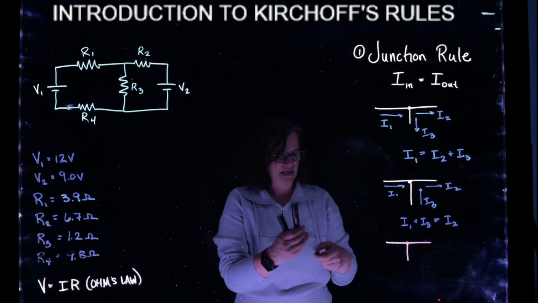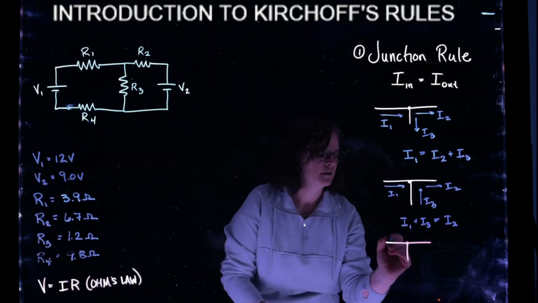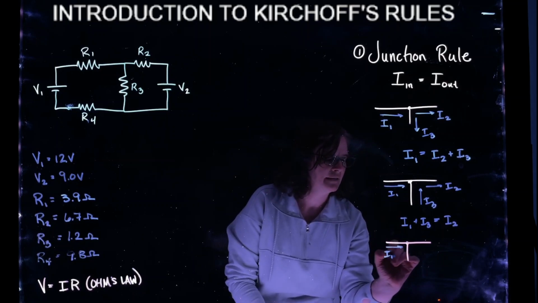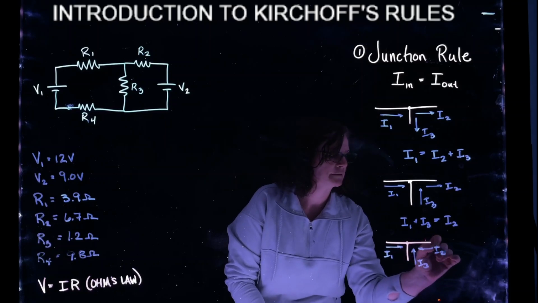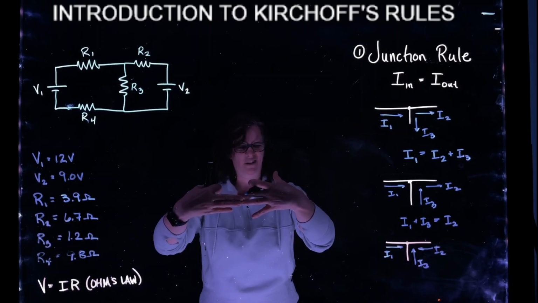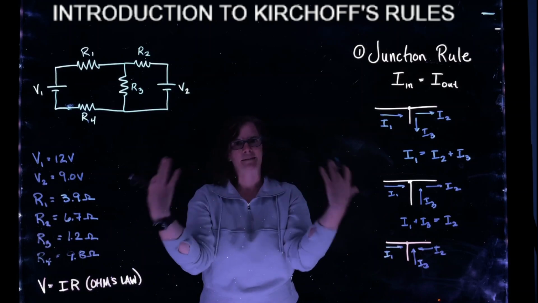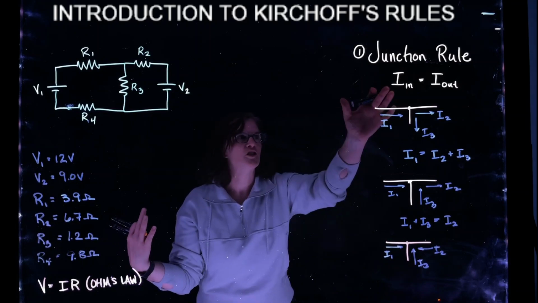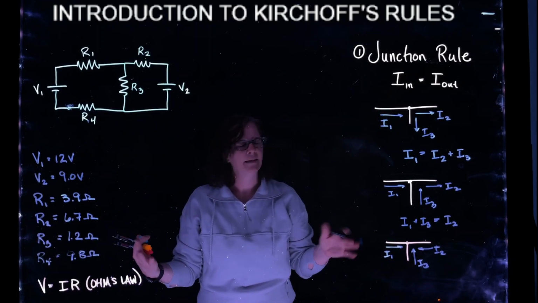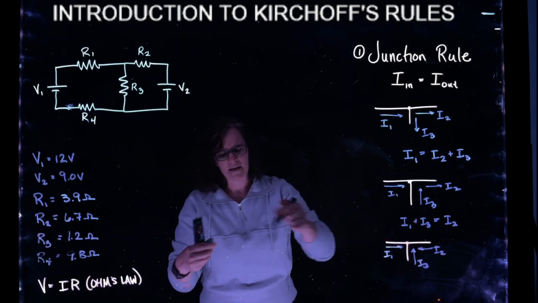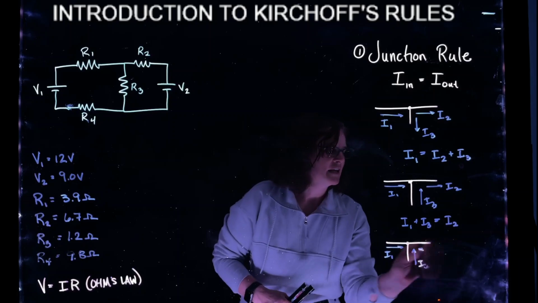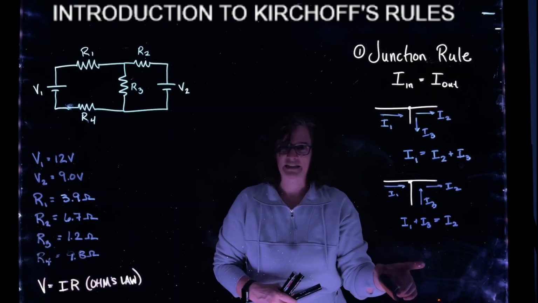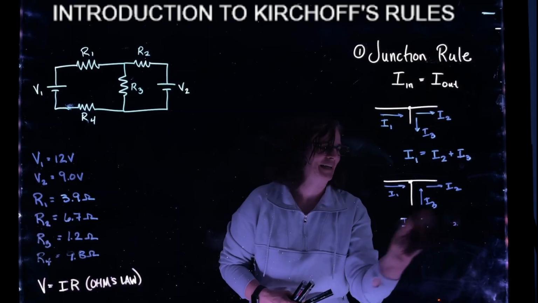Well, if I said I1 goes this direction, and I3 goes this direction, and I2 goes this direction, everything's going into the junction and nothing's going out. So we can't even write a junction rule equation for that. So we know something's wrong there. Given the other two options, we're good, it'll tell us as long as we don't make this fatal flaw of everything going in.